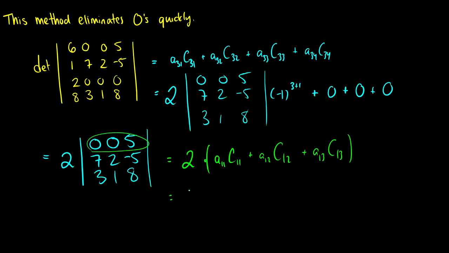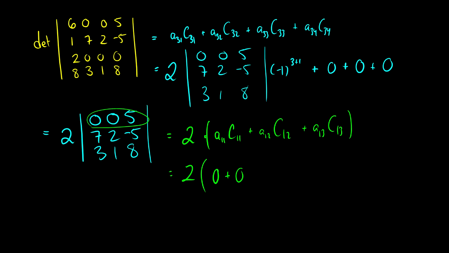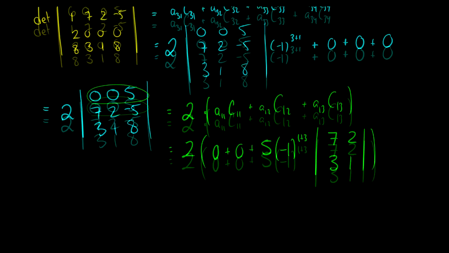But at this point, A11 is 0, A12 is 0, so all we have to do is A13, C13. That's going to be 5 times negative 1 to the i plus j, so it's 1 plus 3. And then the determinant, taking out the first row and the third column, we're left with 7, 2, 3, 1.